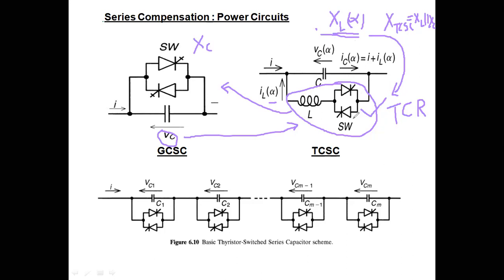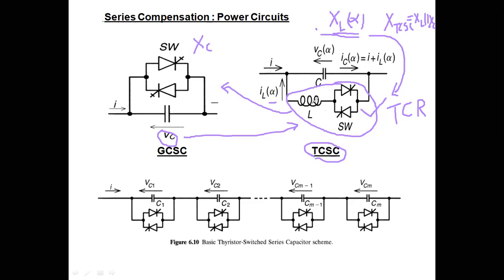That way we control the series reactance. So the overall reactance of the TCSC is a function of alpha. How do we control alpha? By changing the delay angle of this TCR circuit. So in this case, the TCR is connected in parallel with the series capacitance.